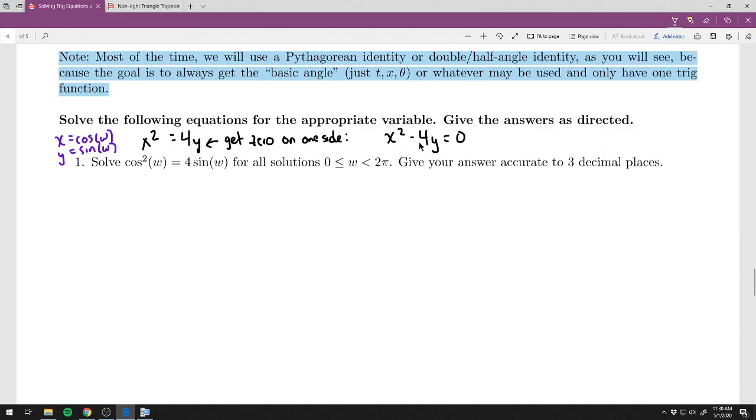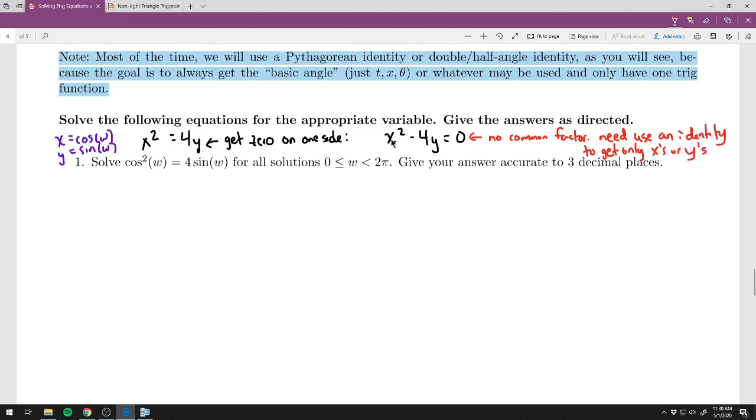We have a mismatch of x and y, but we do not have a common factor, meaning we can't factor an x out, we cannot factor a y out. So what we need to do is use an identity to get only x's or y's.